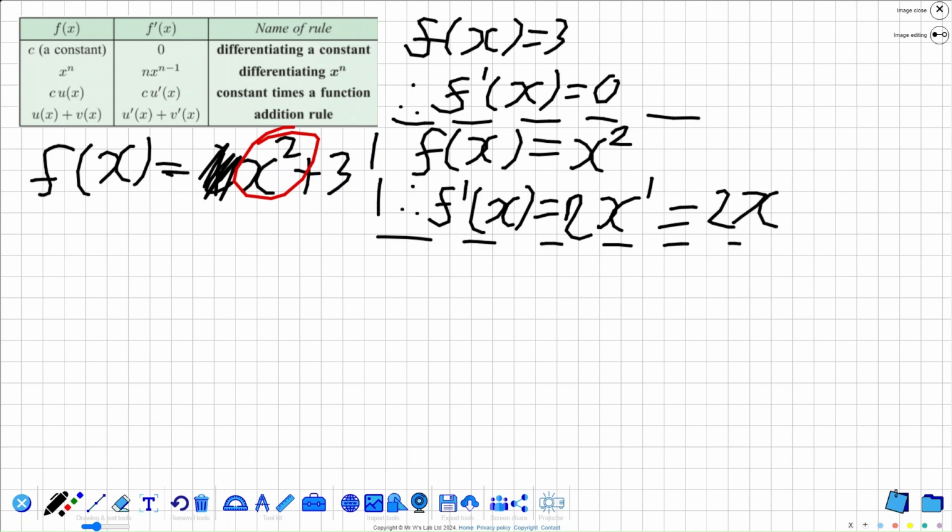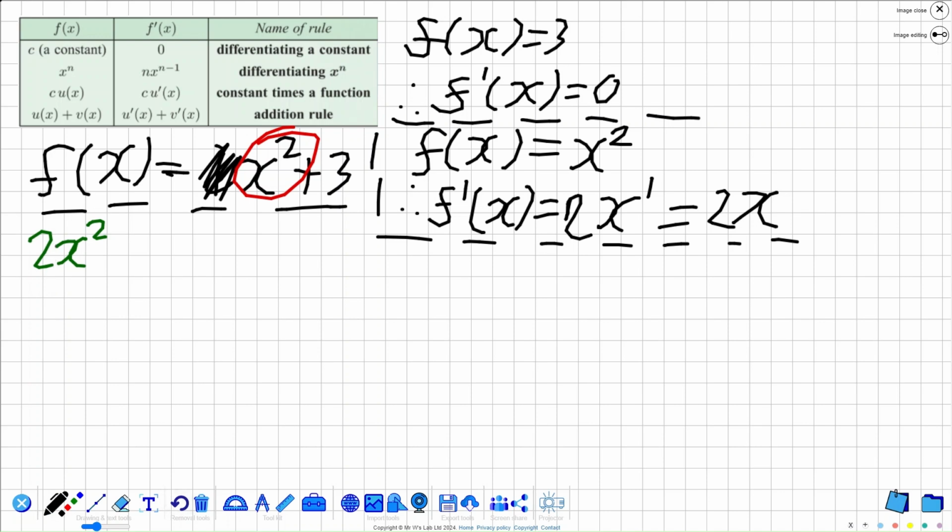Now if we look at the second half of it, we've got this and this. This is where we can bring back our 2x squared, for example. We can see that this will be split into 2 parts when we find the derivative.